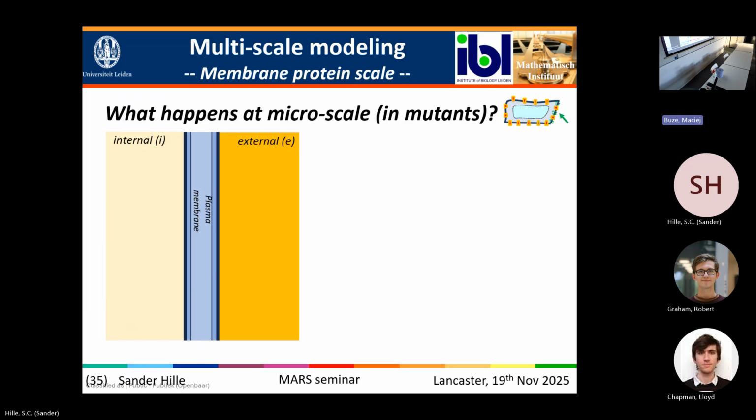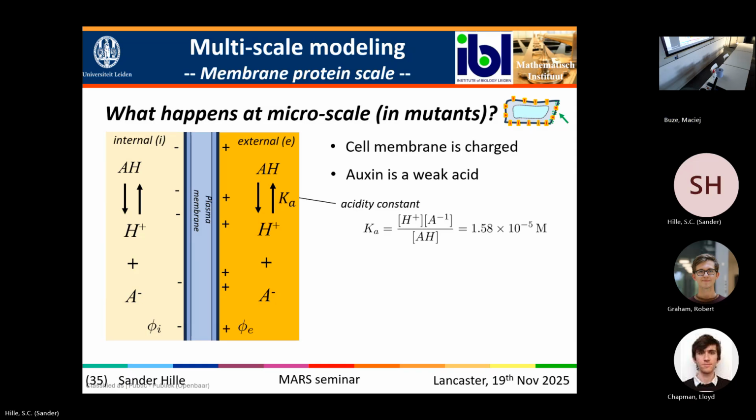Now, this plasma membrane is charged. So there's a potential difference there, an electric field. On either side there is auxin, and auxin is a weak acid that comes in its two forms, and the balance is determined by the acidity and the acidity constant.